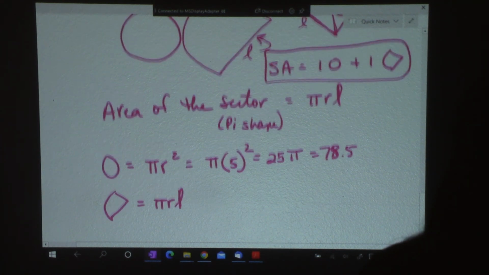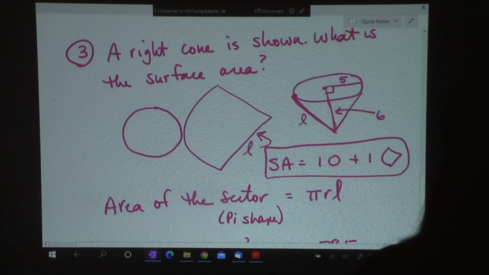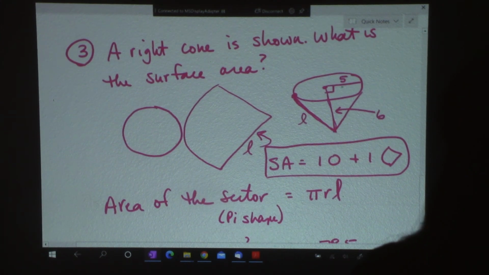When I look at the picture, let's go back up to the picture. Well, I have my radius and I have the interior height, but I don't actually need that for the formula. What I do need is the lateral L, but I don't have that. So how am I going to get it?